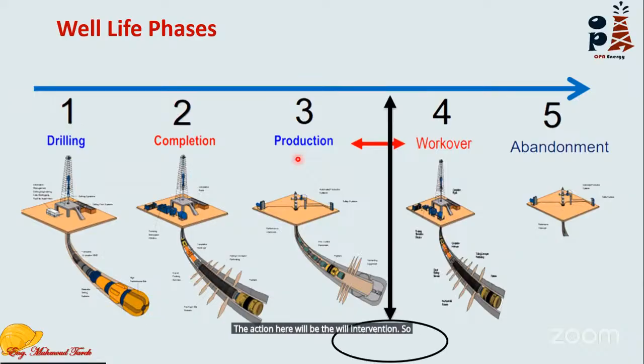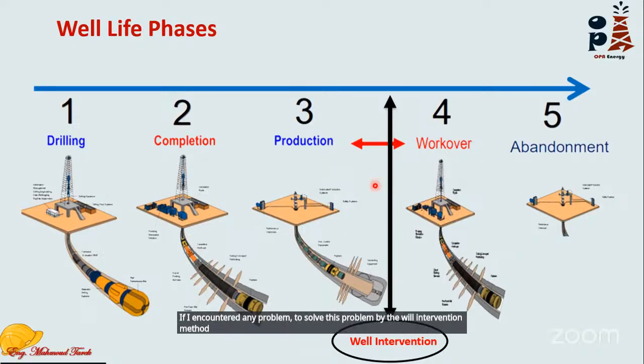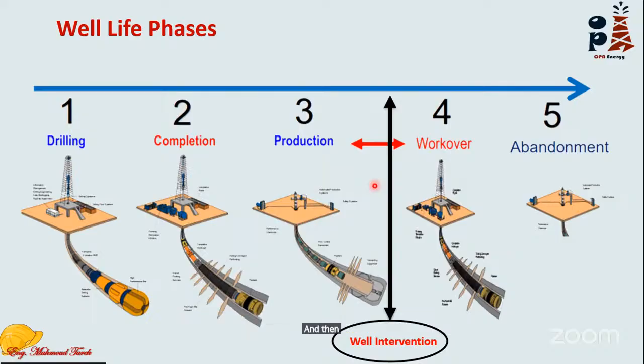So the well intervention may appear on the well life timeline after the production phase. Why? To evaluate the well firstly, and if I encountered any problem, to solve this problem by the well intervention method I will choose, and then apply the remedial action required to recover the production.